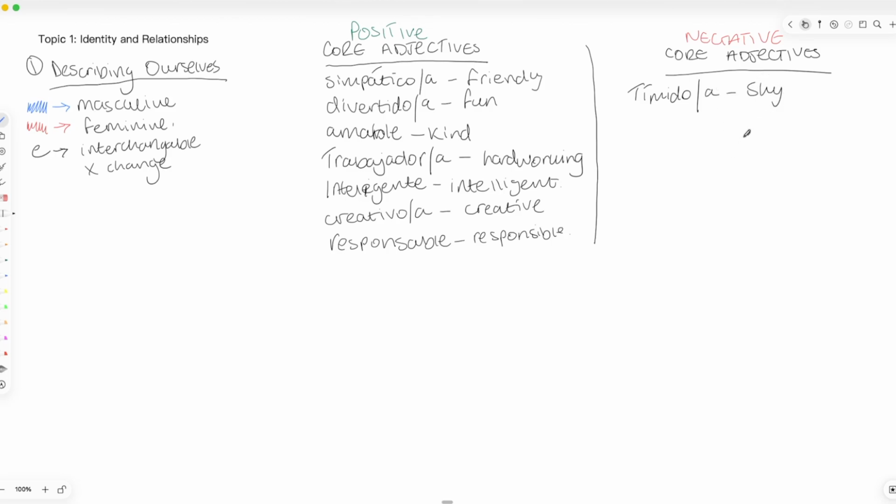One that is very popular now as well, another piece of vocab that you can use in things like social media, inseguro or insegura. Insecure. Insecure about oneself.